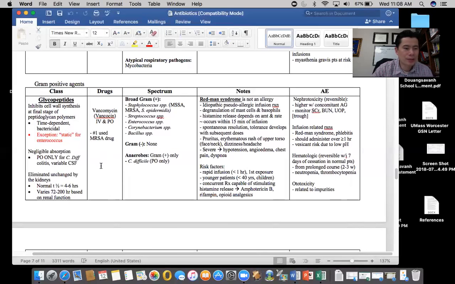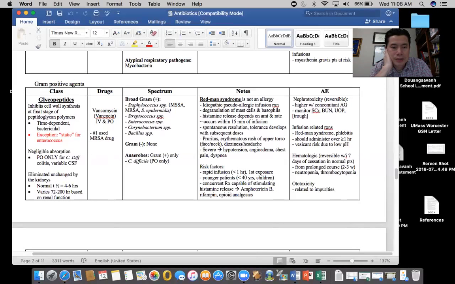These drugs will usually have a peak and trough if you're monitoring them. And this is where red man syndrome comes in. It's usually because you're giving it too fast, especially with surgery. Ideally, the surgeon should order it pre-op, and that way you can administer it in an appropriate time interval.